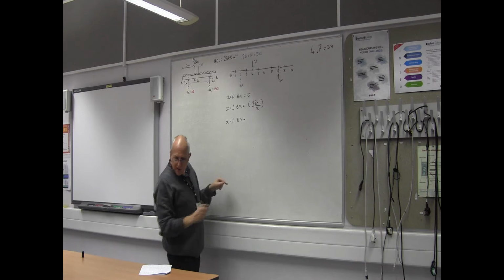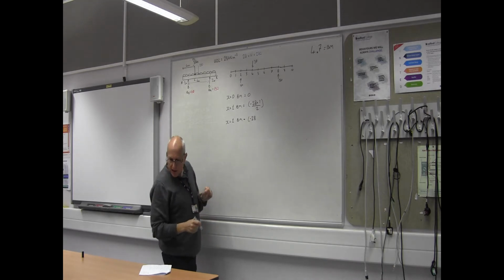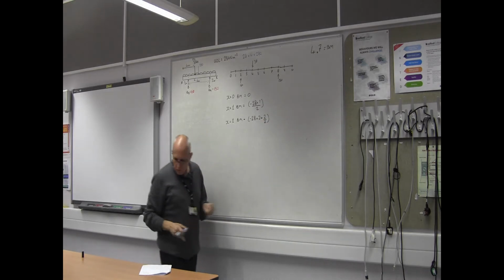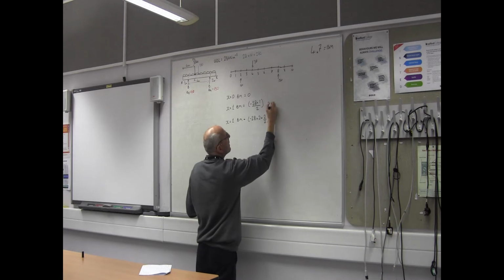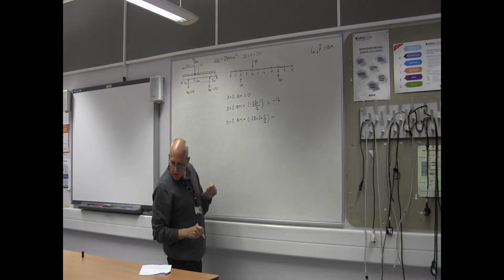So the next line, the bending moment, is minus 28 times 2 divided by 2. That gives me those answers, by the way. That would be minus 14 and that one will be minus 56.